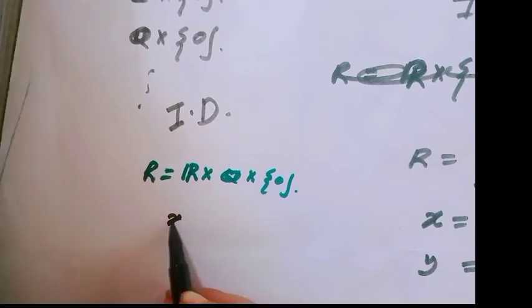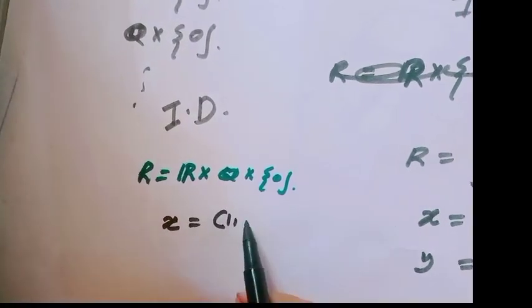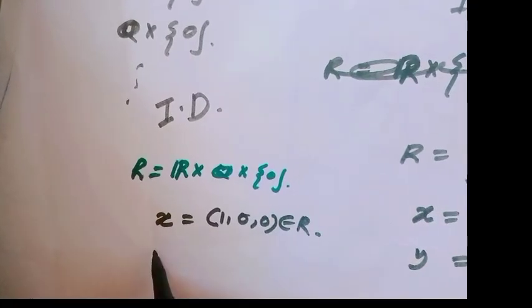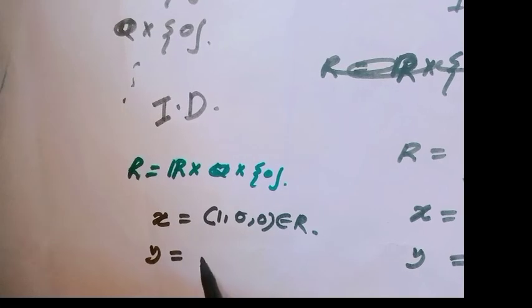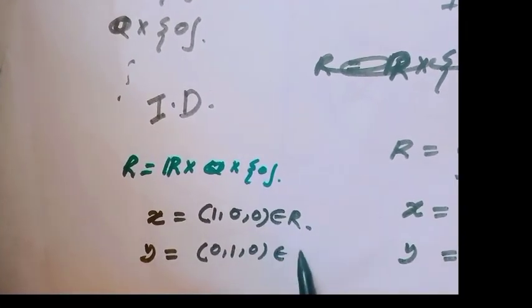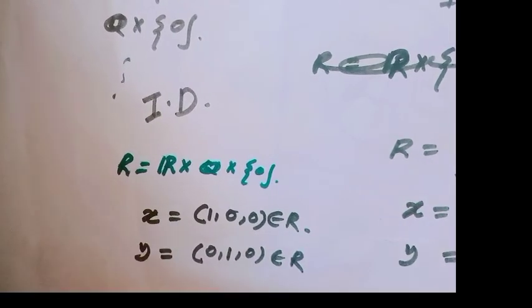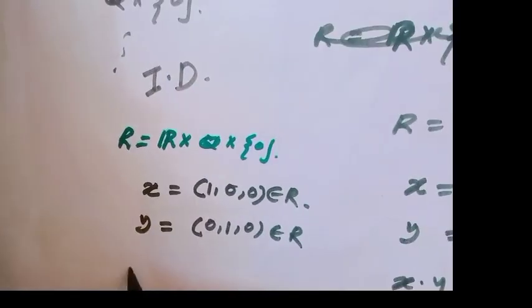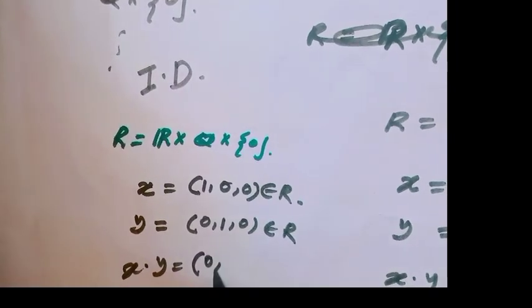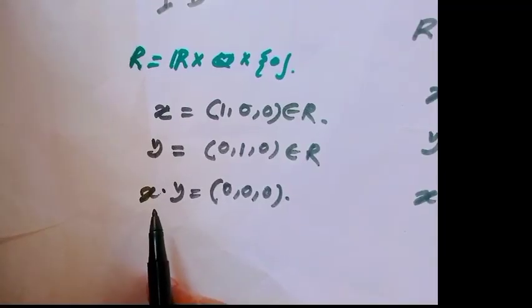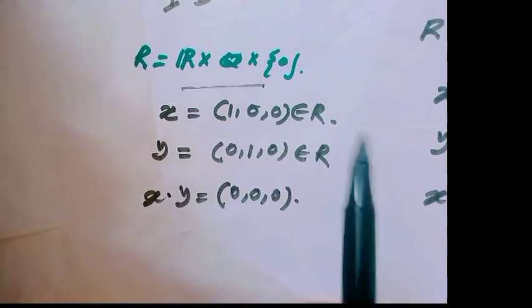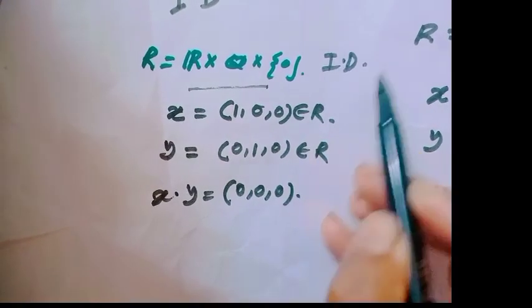Consider one element x equal to (1, 0, 0), which belongs to this ring, and another element y equal to (0, 1, 0), which is also a member of this ring. Notice here x times y would be (0, 0, 0). So x and y are both divisors of 0 in this ring. So this ring is not an integral domain.